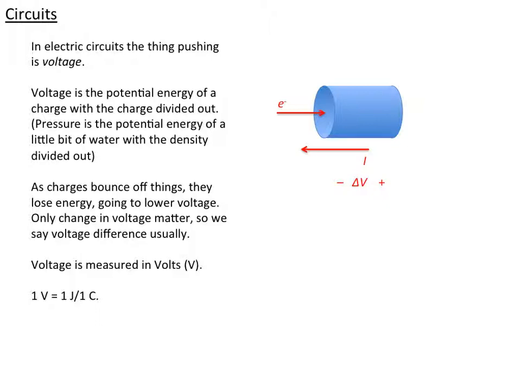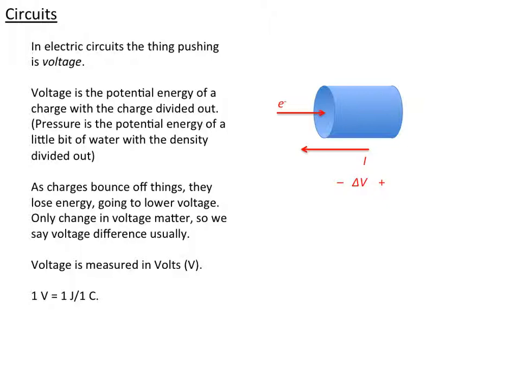Pressure in our hydraulic example was also a potential energy, but that's how much was in a little box of water with the density divided out, and that's how you can get the units of energy. In our case, we take the charge of an electron, say, divide out its charge, and its potential energy divided by its charge will be its voltage.